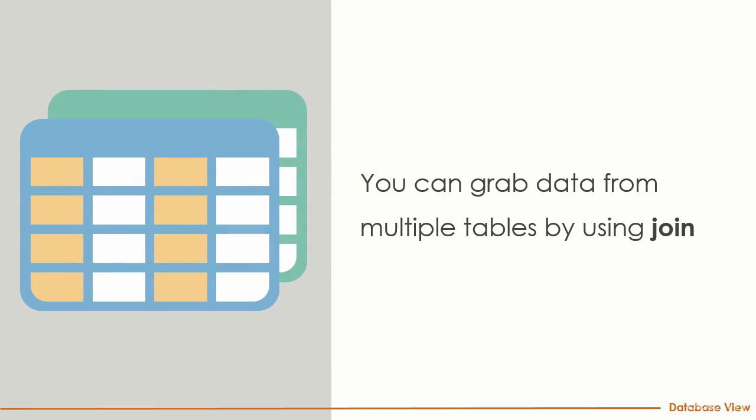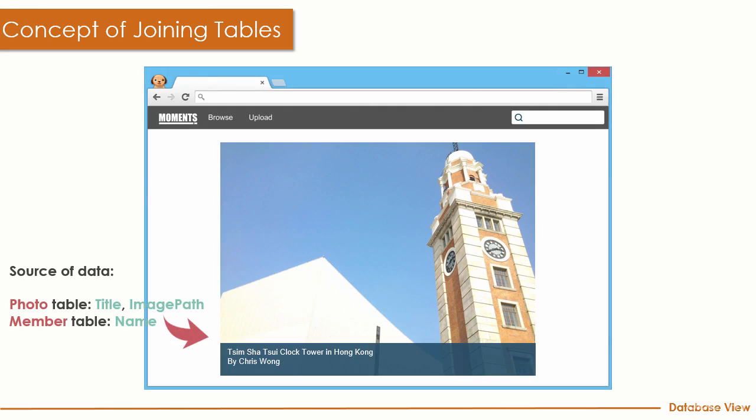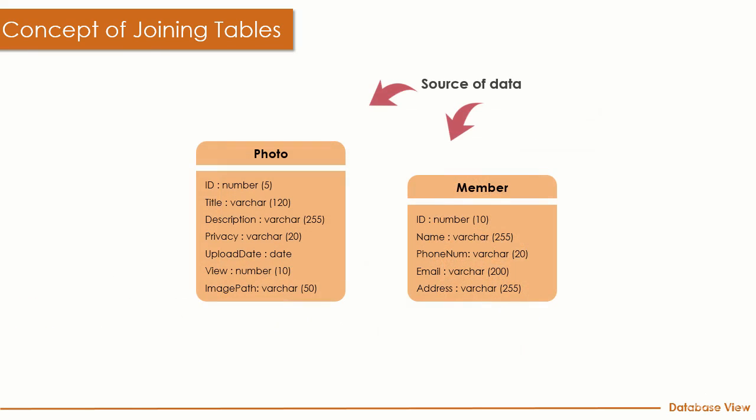I just showed you how to create a view for one table, one entity. But you can also use a view to grab data from multiple tables using a join. This is another example. We're showing the photo with the title, and also the uploader, the name of the member who uploaded it. In this case, we need 2 tables, the photo and the member.